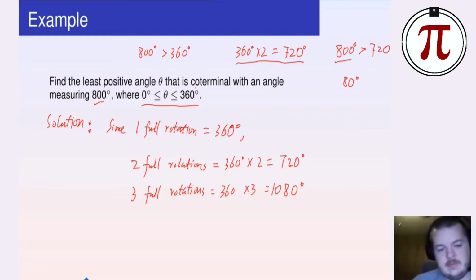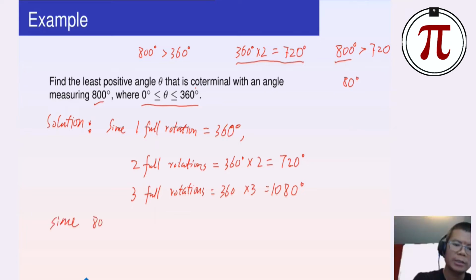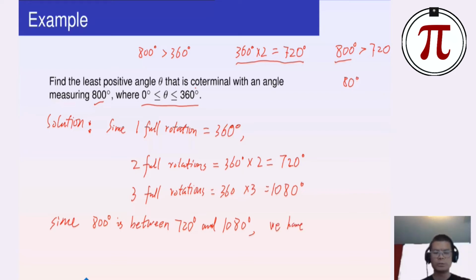Since 800 degrees is between 720 degrees and 1080 degrees, what we do is use 800 degrees minus the lower one, the 2 full rotations.